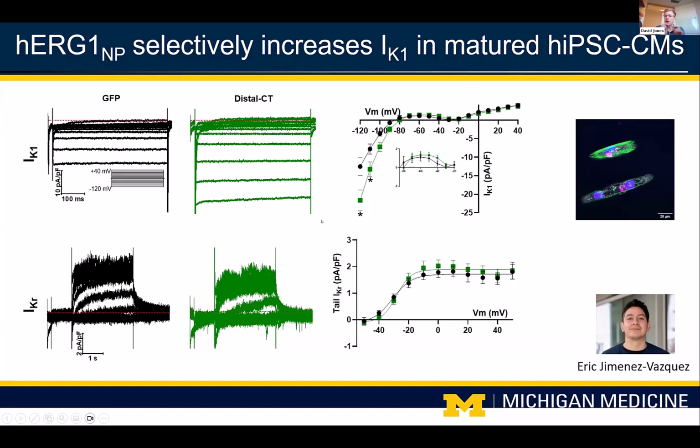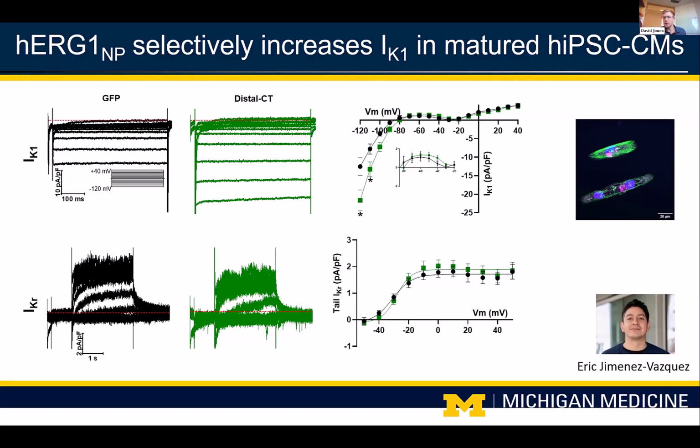We're piecing apart or teasing apart in the cardiomyocytes the effects that we'd seen in the HEK cells, where we're preventing the distal construct from going inside the nucleus. We correspondingly see no effect on IKR magnitude, whereas the distal construct sitting in the ER, and we're getting a corresponding increase in the magnitude of that current.